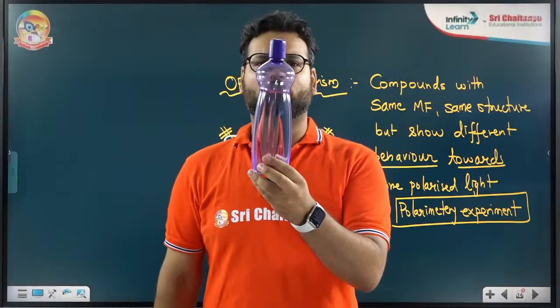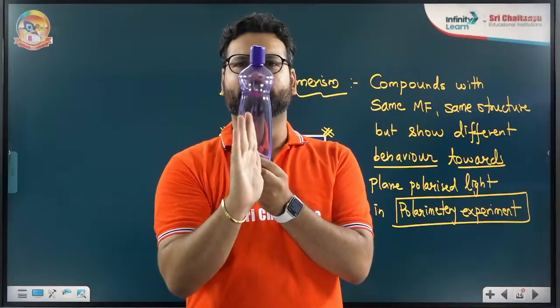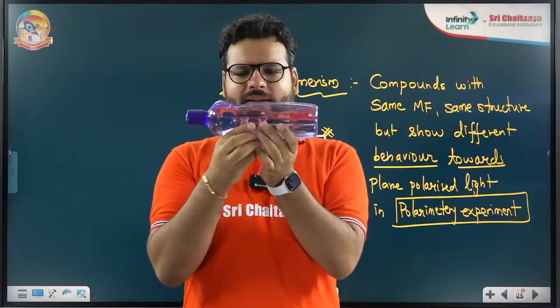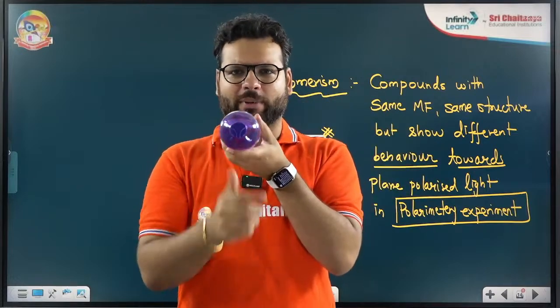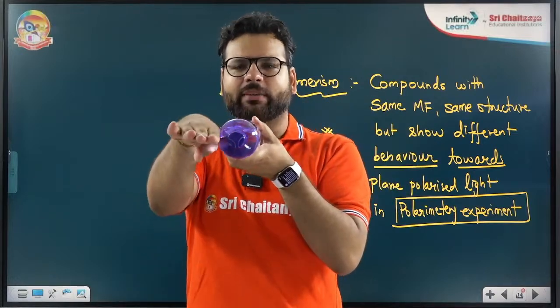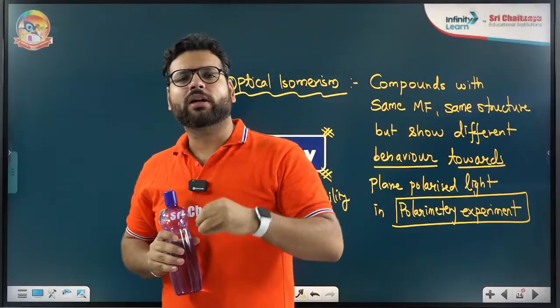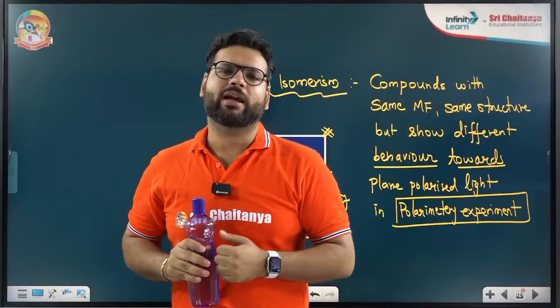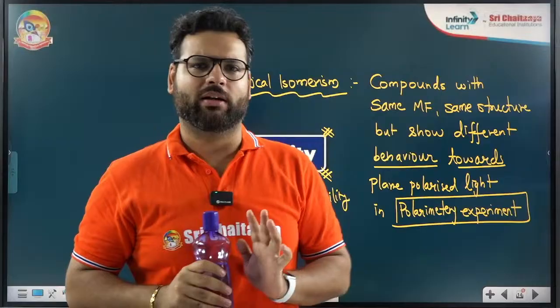If I look at this bottle, I can cut it into 2 equal halves by passing my hand like this. Even if it was kept like this, I can still cut it by passing my hand like this. So whenever you look at a molecule, try to cut it into 2 equal halves. If you are able to, it will be achiral.